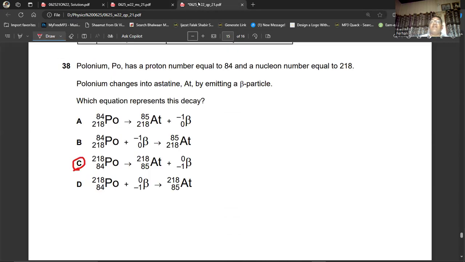I hope you understand, whenever a beta decay happens, the daughter nucleus proton number is one more than the proton number of the parent nucleus, and the nucleon number of the daughter nucleus and the parent nucleus is the same. This is beta decay we are talking about.